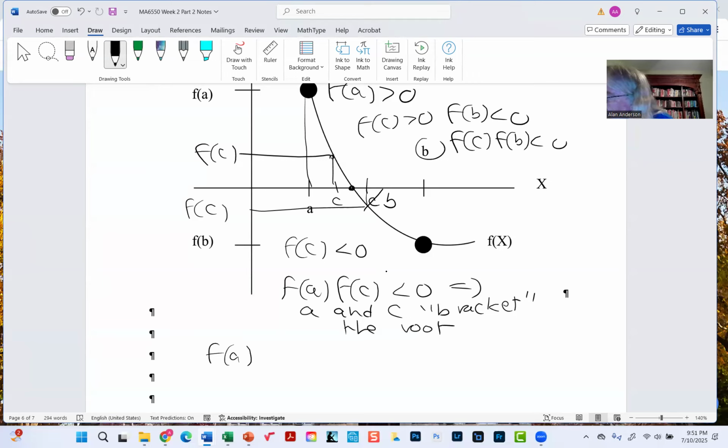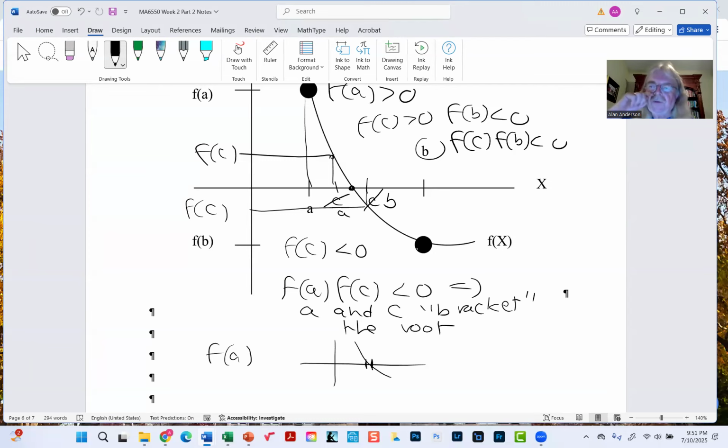So now all of a sudden, this C becomes the new A. And then we need another midpoint and another and another and another. And so you can see what's going to happen. We're going to keep alternating back and forth between the two. We're going to try different midpoints, test the signs, and see whether we now have a new left endpoint or a new right endpoint. Eventually, we're going to find the lion. In other words, the brackets will get awfully close.